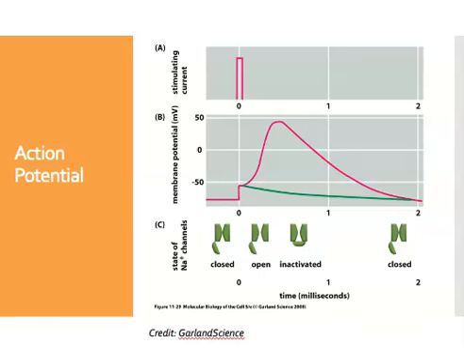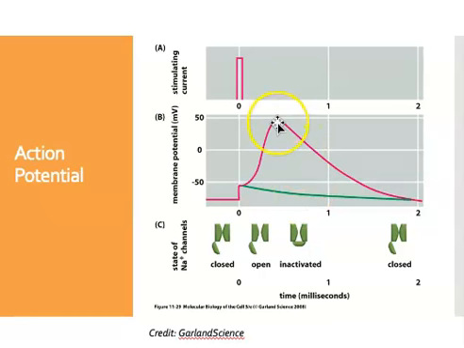When we go back to the graph here, the absolute refractory period is going to begin at this peak and go for a little while. I'll show you this more clearly in a moment. And then as the potassium channels are allowing the voltage to go down, down, down, more and more negative, you'll come to a point where the relative refractory period begins.